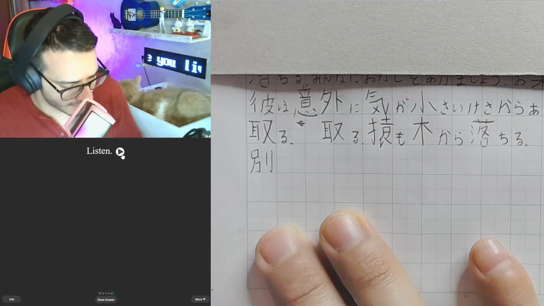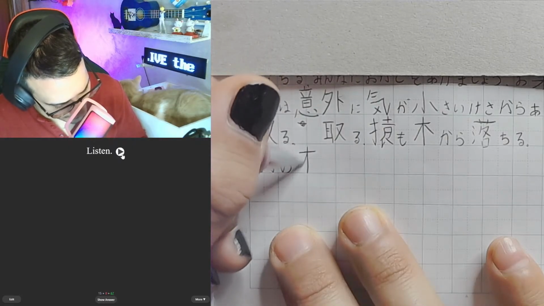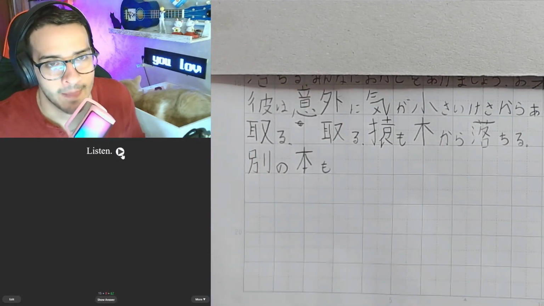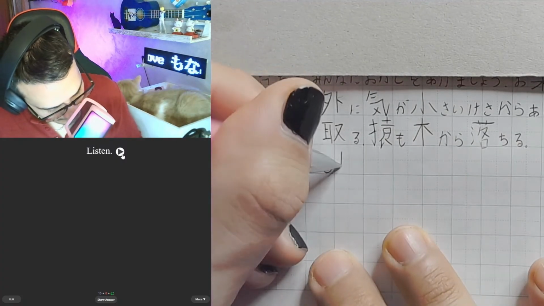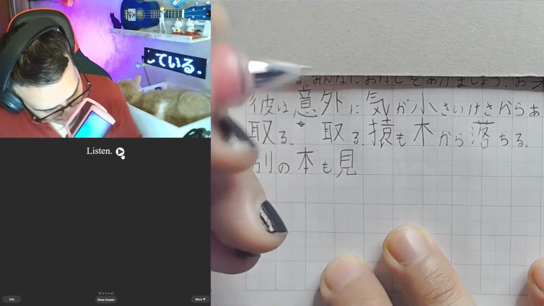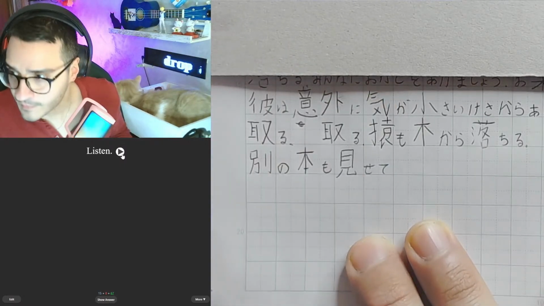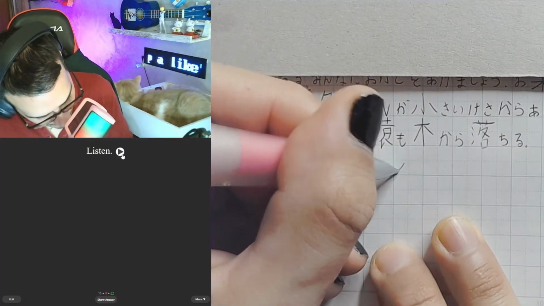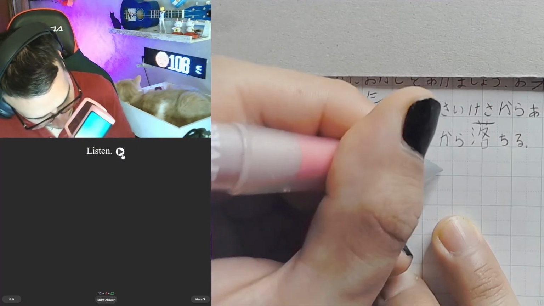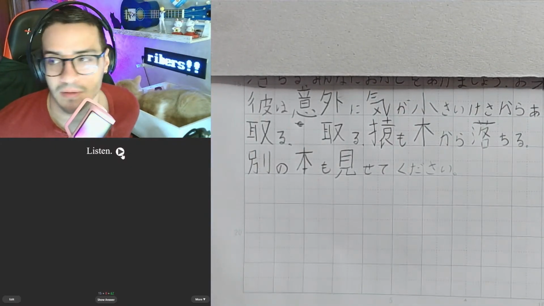The second part is the knife radical. 別の本も見せてください。Meaning, show me.